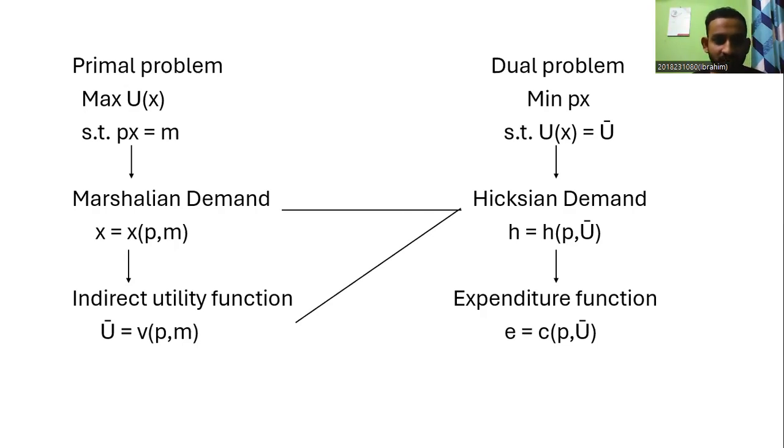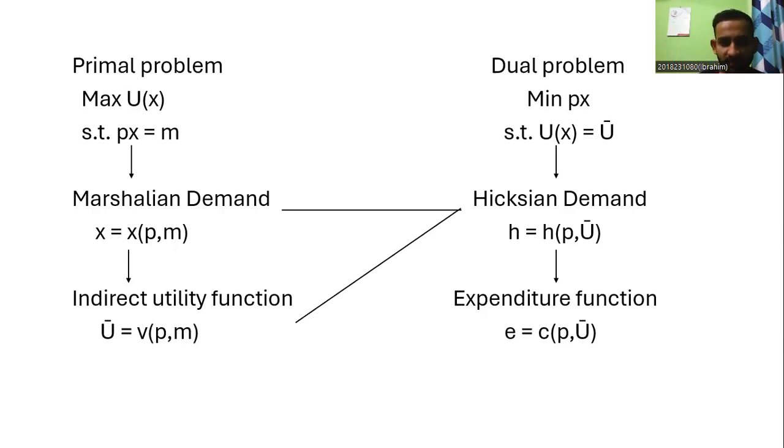So this is a cross relationship actually. We can get a demand function by putting the other function into another demand function. This is quite an interesting relationship.